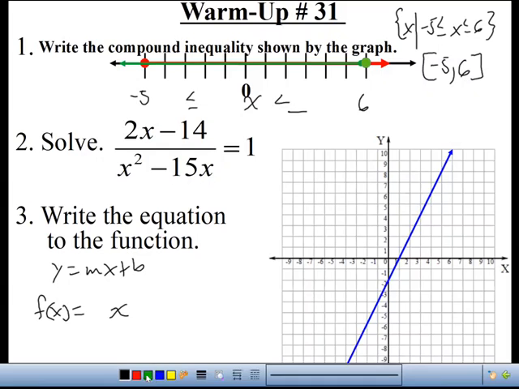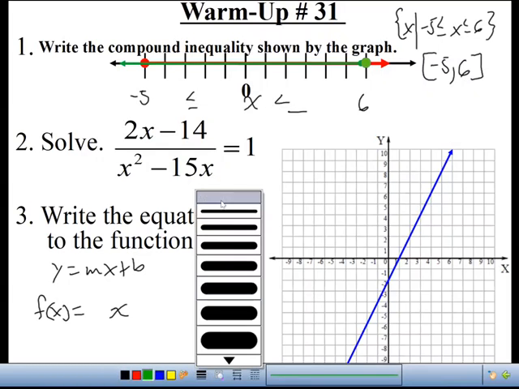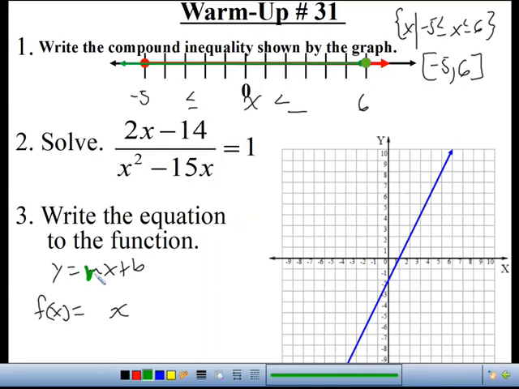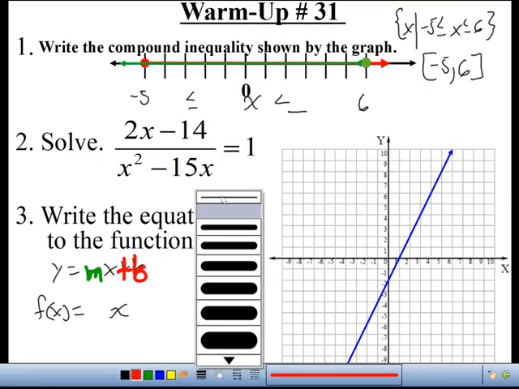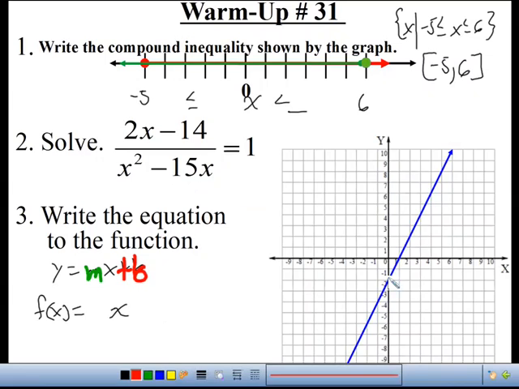Why did I leave it blank? Because we need our slope, which is m, and also our last part, plus b, which is our y-intercept. According to the graph, this graph goes through this point on the y-axis, which is -2, so that's my y-intercept.